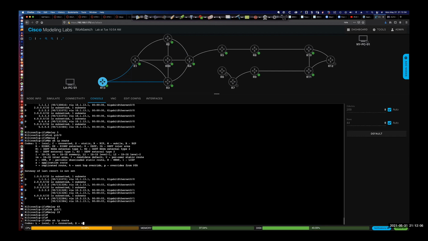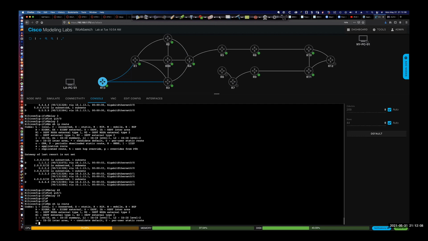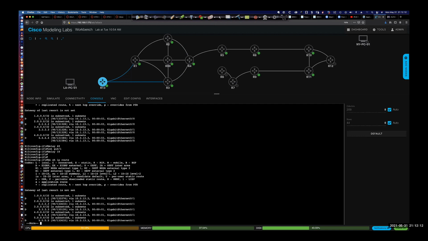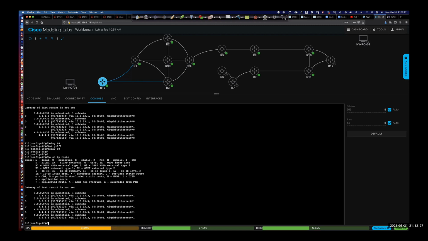And again, what I'm trying to show you is that I can change the value. The feasible distance will stay the same, but the computed distance will change. And so here's the 4444. So you can see right now, the computed distance is 133376. So let me go ahead and say, do show IP EIGRP topology.